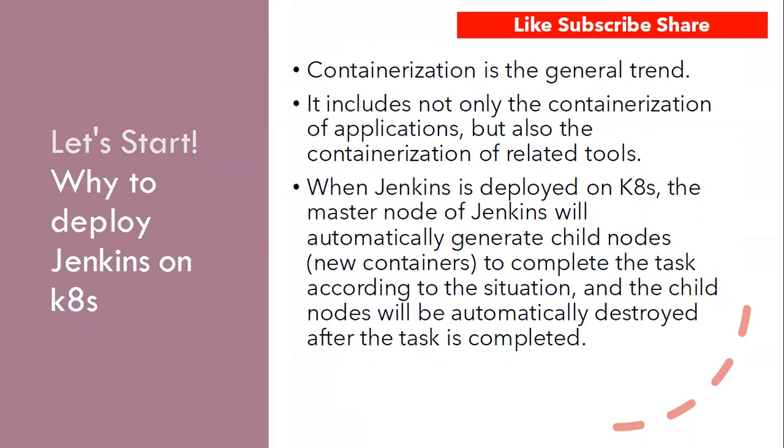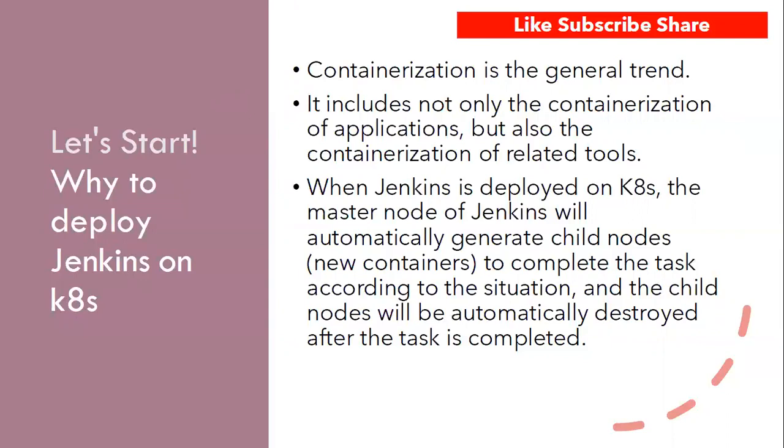Because containerization is a general trend nowadays. It includes not only the containerization of applications, but also the containerization of related tools. When Jenkins is deployed on Kubernetes, the master node of Jenkins will automatically generate the child nodes, that is new containers, to complete the task according to the situation.